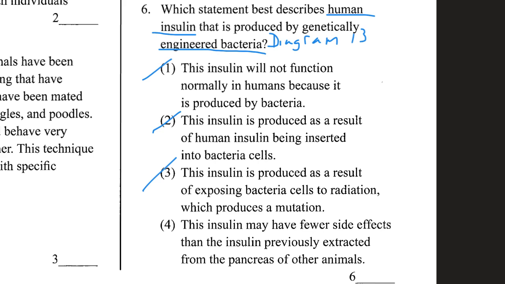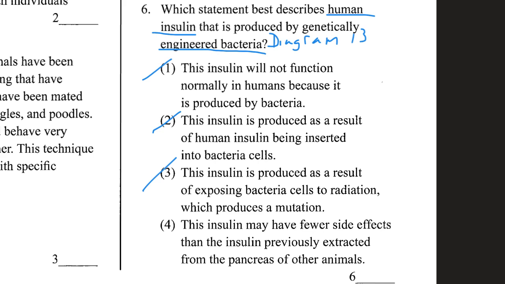Option 4. This insulin may have fewer side effects than the insulin previously extracted from the pancreas of other animals. So before we had genetic engineering technology and we could do something like this, a lot of times we were using pig insulin for diabetics. This was expensive, and since it wasn't human insulin, it was not entirely compatible with our human bodies.